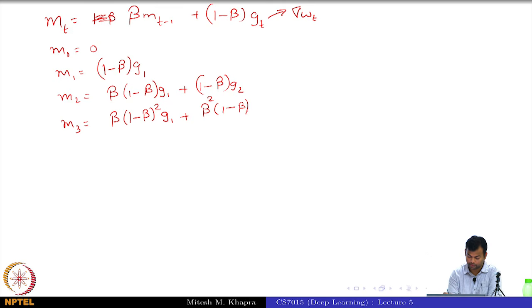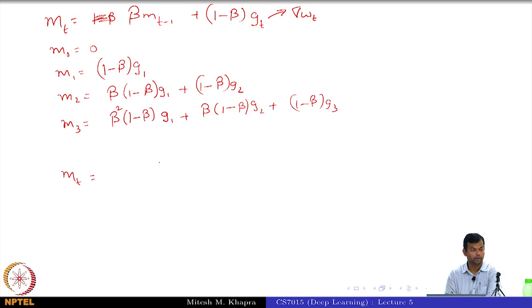Wait, is the first term correct? No. Beta is getting multiplied to G2, plus 1 minus beta into G3. So what is the general formula going to be?